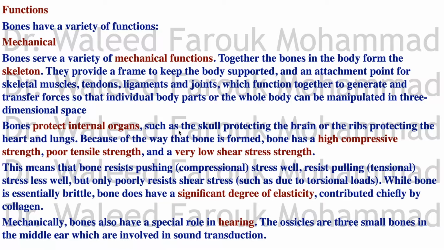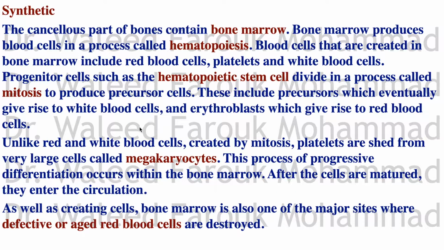This is called sound transduction. The synthetic function of bone means it synthesizes blood elements by means of the bone marrow. The bone marrow is responsible for the process called hematopoiesis, meaning formation of blood elements like the red blood cells, the white blood cells, and the platelets.